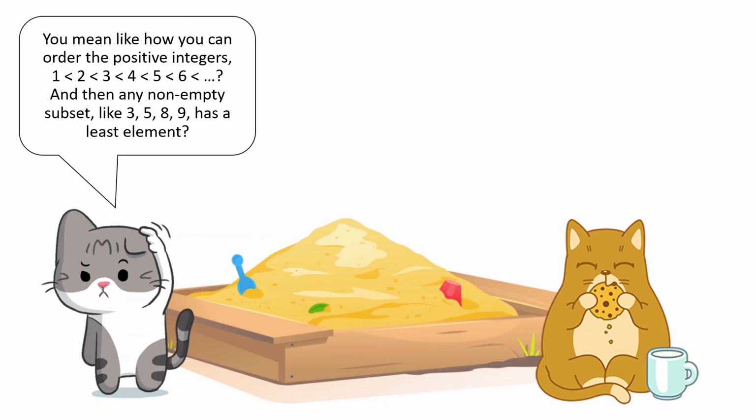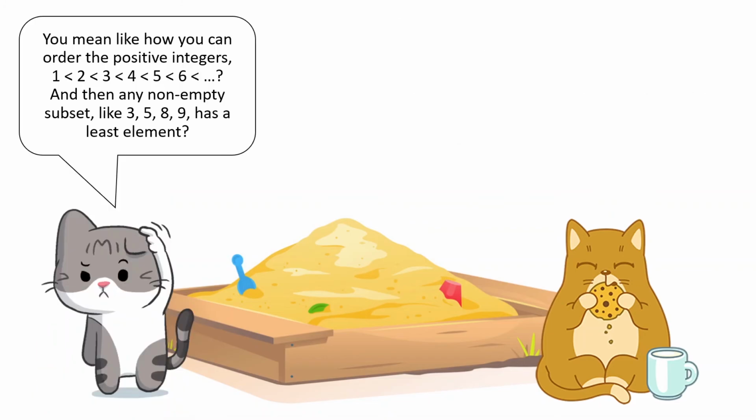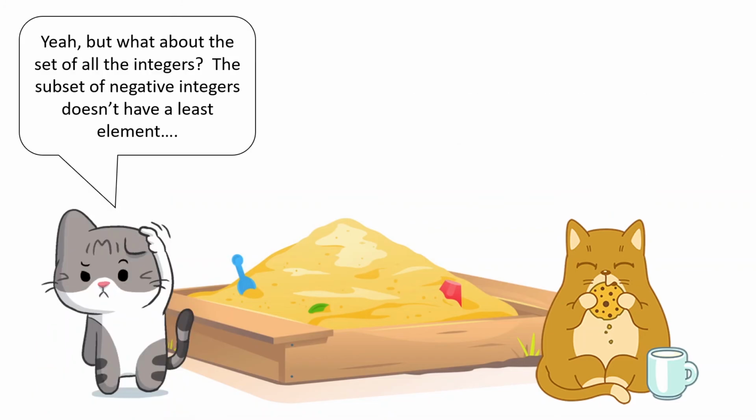When you think about it for the positive integers, it's not a very hard thing to see. I can see what the ordering would be that would make that true. But what about the set of all integers? It actually becomes a little bit hard to see as soon as you include the negative integers.